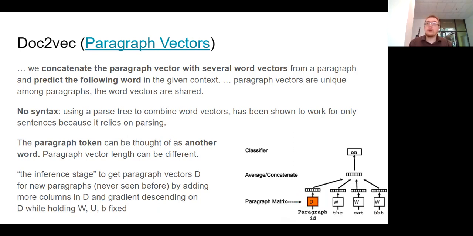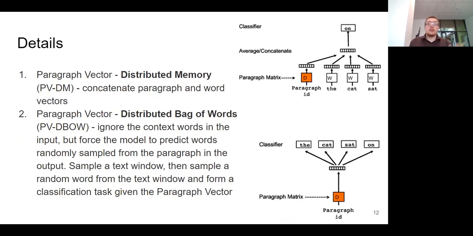We will observe in your homework that retrieving a vector for an unseen paragraph is a pretty fast procedure, even if it's, again, training the model. But as the major part of the numbers is fixed, you only need to do some very small training here. Again, as in the previous work, they had two training models.